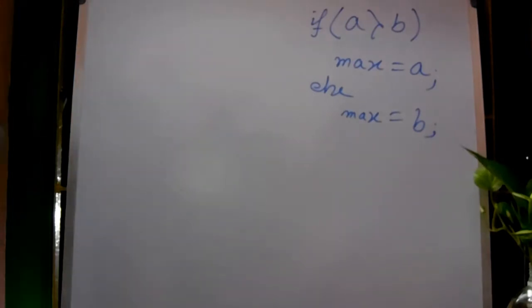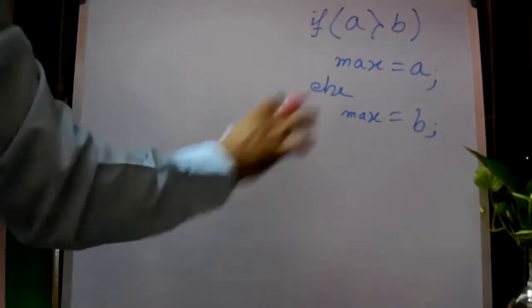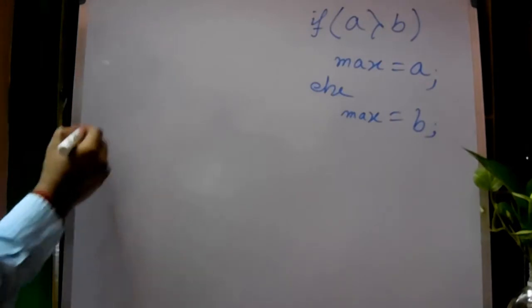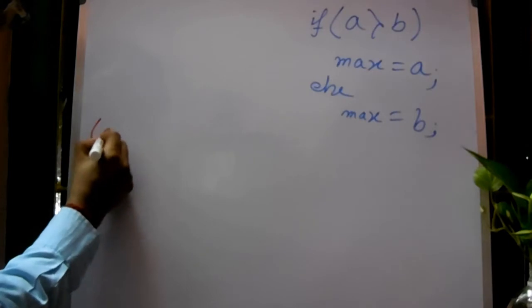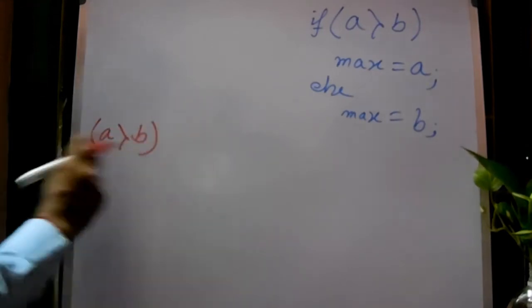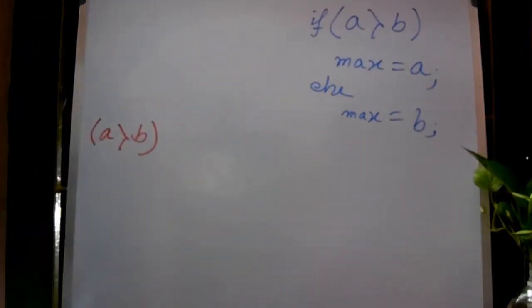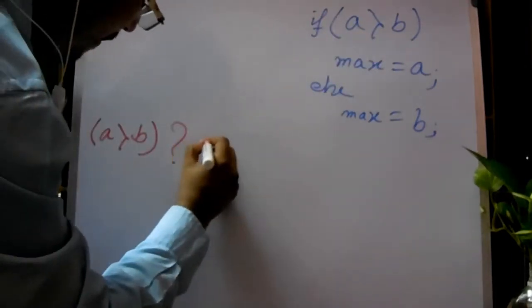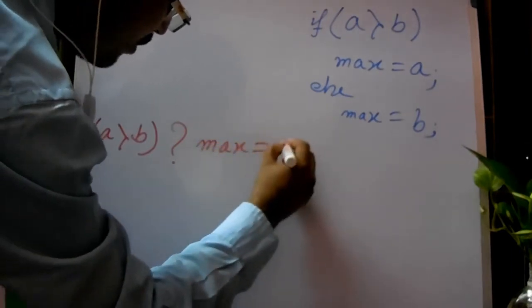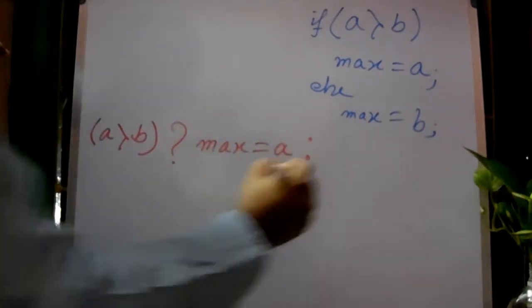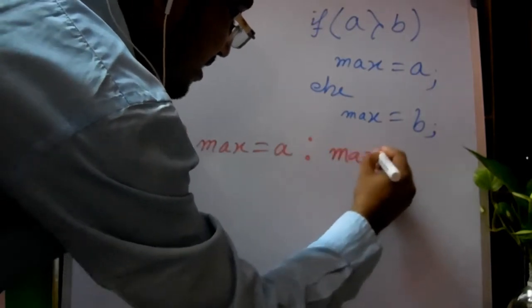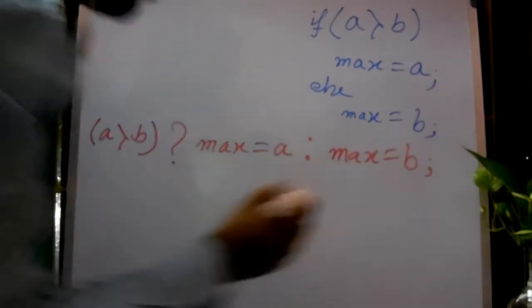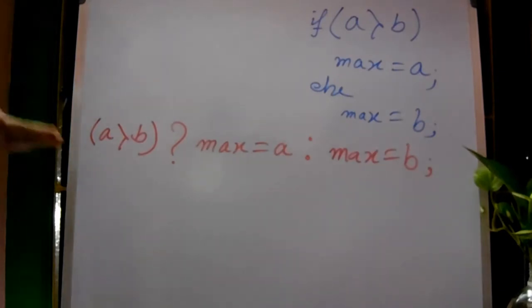Now how will we convert this if else block? I am writing it over here. First we start with the condition: a greater than b. If this condition returns true, then after the question mark, max is equal to a, colon, max is equal to b, and then a semicolon.